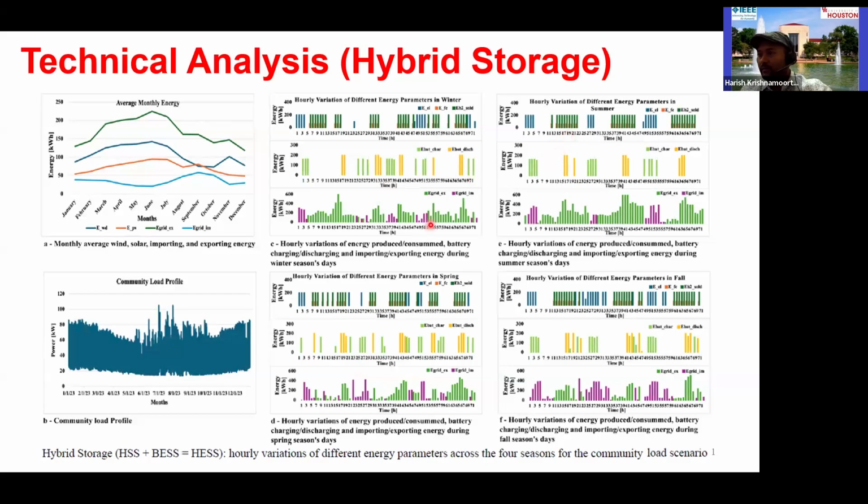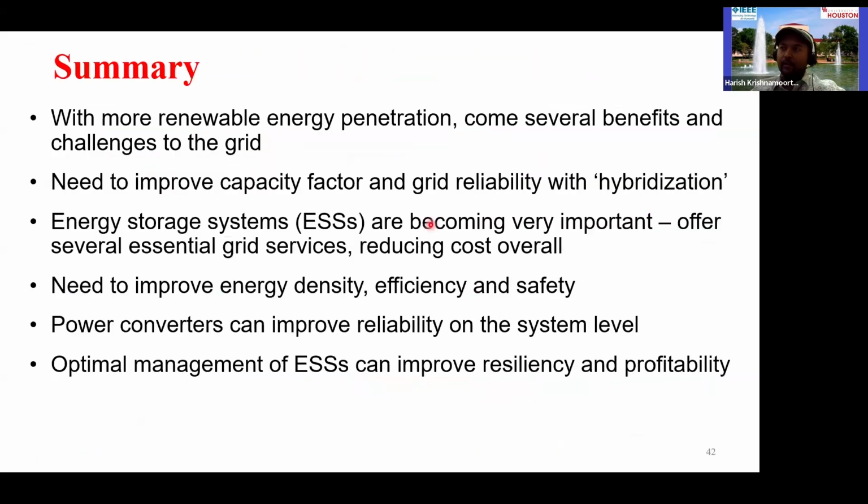So as a summary, I mainly wanted to introduce different aspects of grid resiliency and energy storage systems and how we can make profit out of them. With more renewable energies, we have a lot of challenges, but that also gives us opportunities to make money.